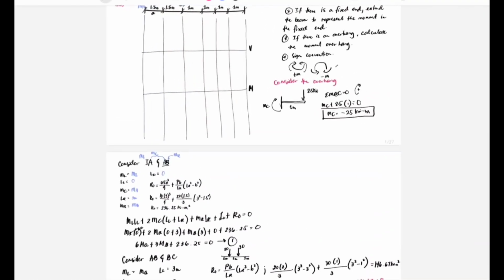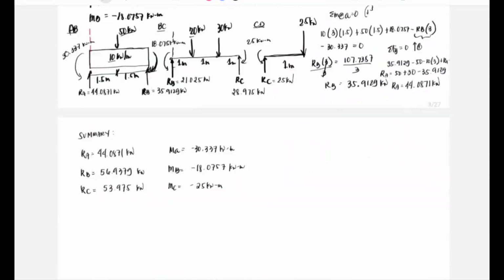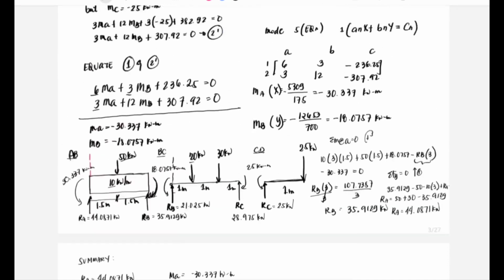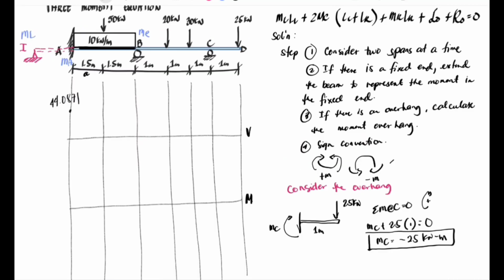Okay, so mag-start tayo dito sa ating RA. Our ating RA, yung nakuha natin kanina, would be 44.0871. So, umangat would be, okay, here, 44.0871. Okay, so this is upward yan. And then, lahat ng loadings natin dyan would be downward or negative.